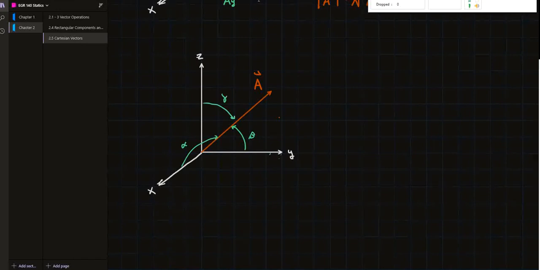One way of looking at that is to think of the plane formed by, say, the y-axis and the vector. So this would be the y-A plane.